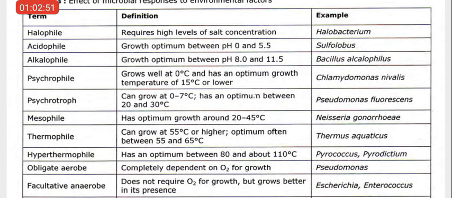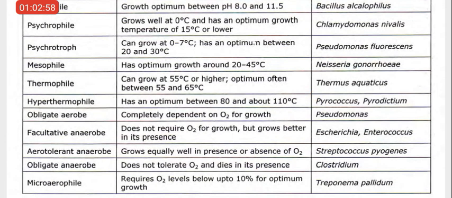Obligate aerobe, completely dependent on O2 for growth. Facultative anaerobe, does not require O2 for growth but grows better in its presence. Aerotolerant anaerobe.